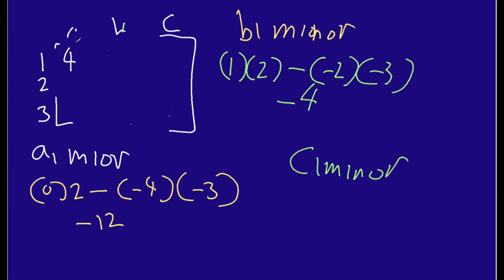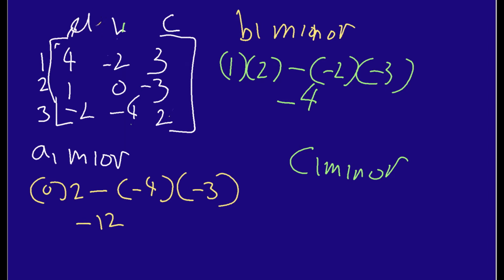So we got 4, negative 2, 3, and then 1, 0, negative 3, and then negative 2, negative 4, and 2. And this is my matrix. Got A here, B, like so. Now C minor is going to be right here.